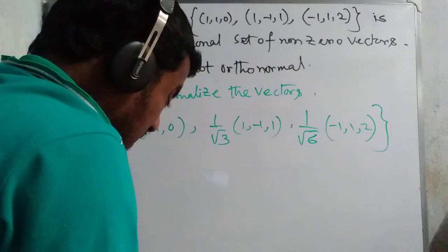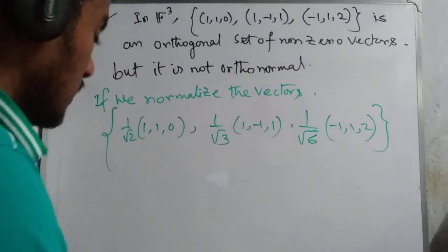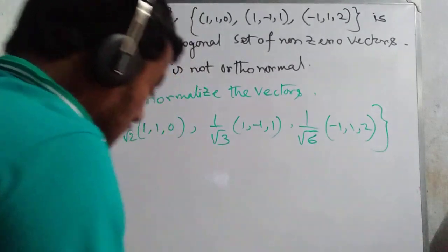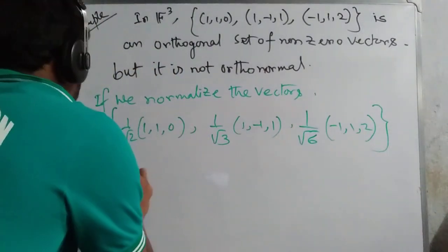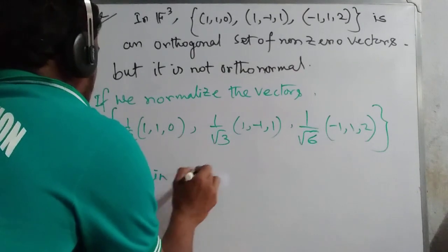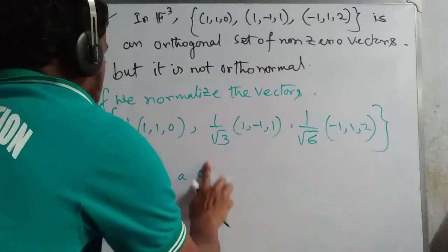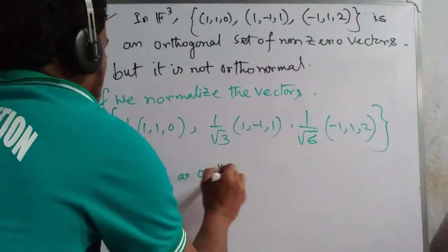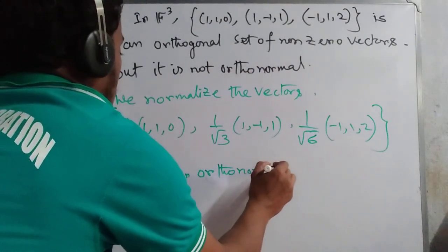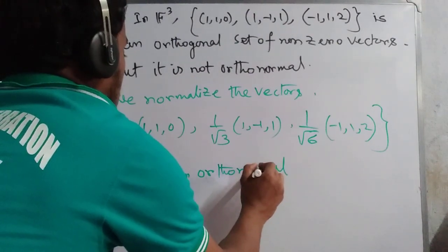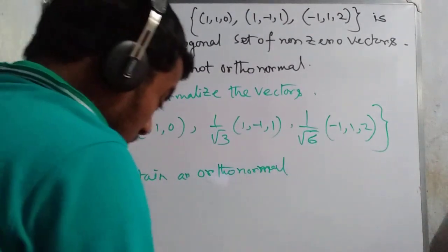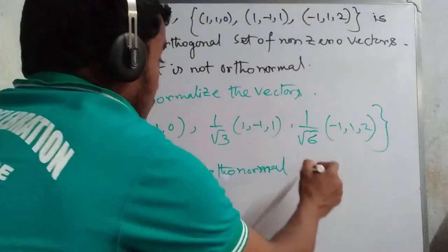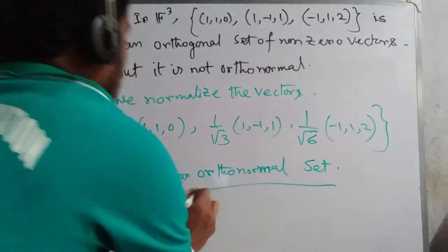If we normalize, we obtain an orthonormal set. Understood? Not a problem at all.